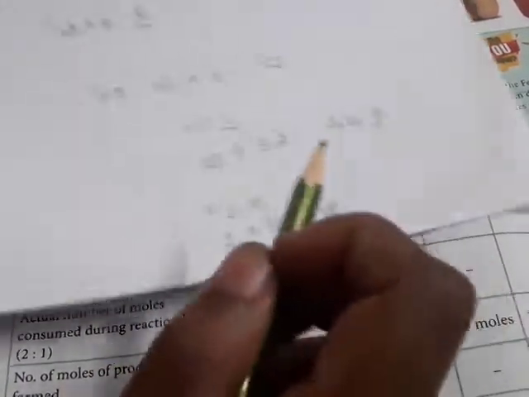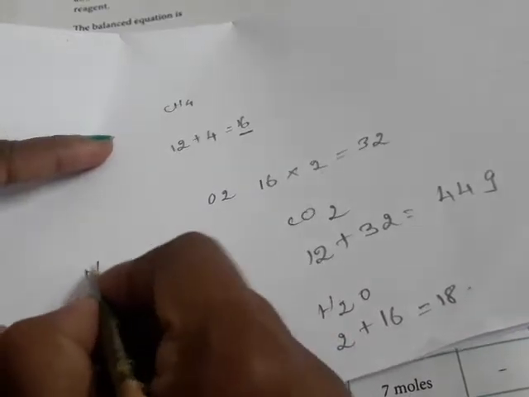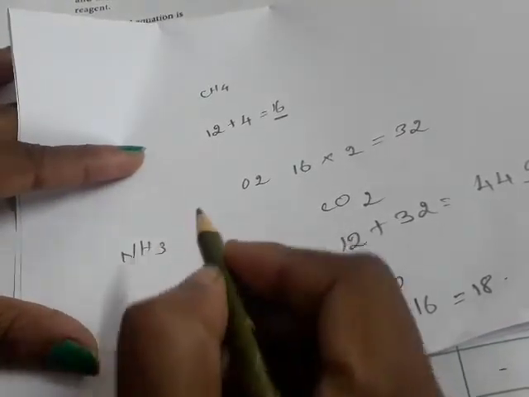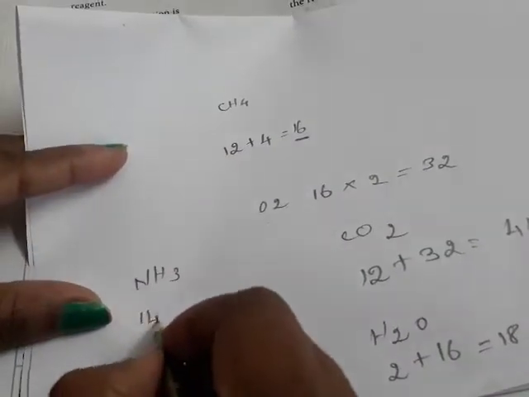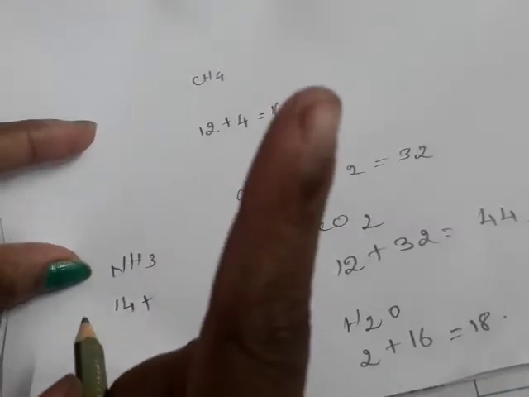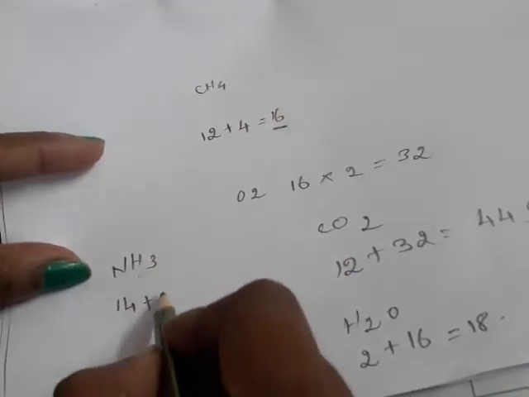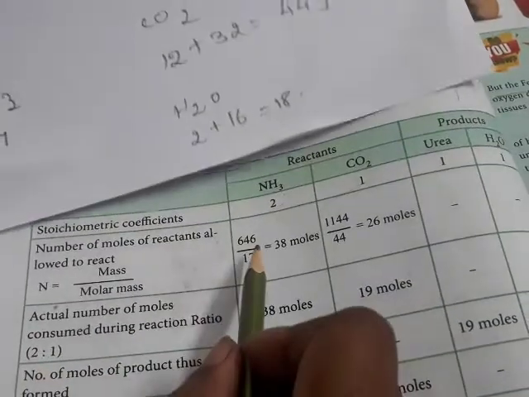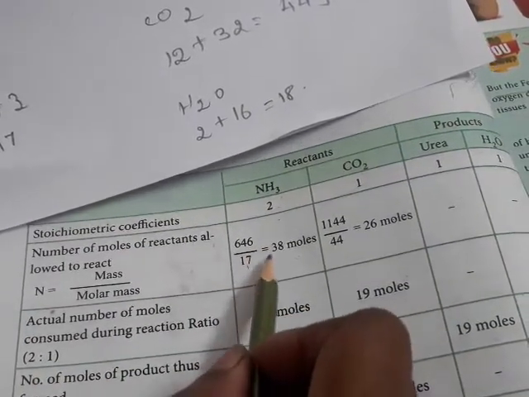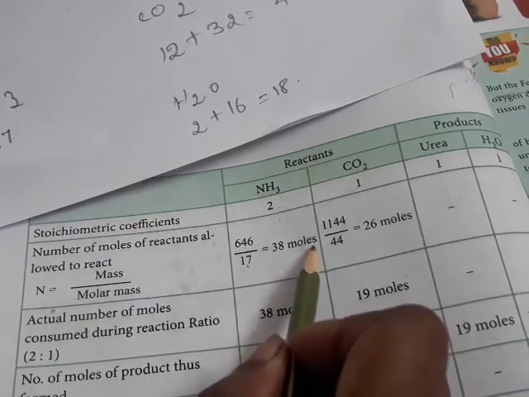NH3: nitrogen's molar mass is 14, plus hydrogen, 1 each, but you have 3 hydrogens, so plus 3. 14 plus 3 is equal to 17. So 646 divided by 17, you have 38 moles.